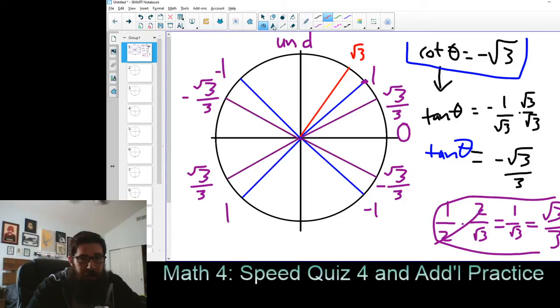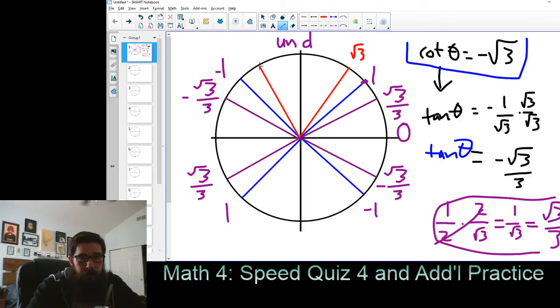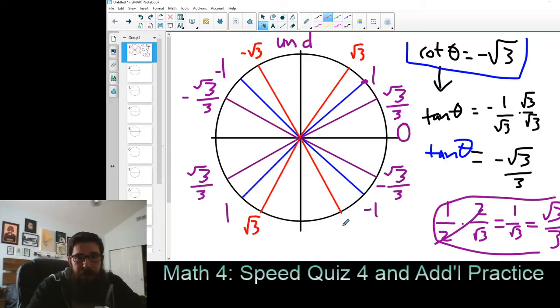So if I put in these other lines, at 2 pi over 3, 4 pi over 3, 5 pi over 3, I'm going to get a negative root 3 here, because tangent is always going to be negative here. It's going to be positive in quadrant 3, so I'm just going to get a regular root 3. And then back in quadrant 4, it's now a negative root 3.